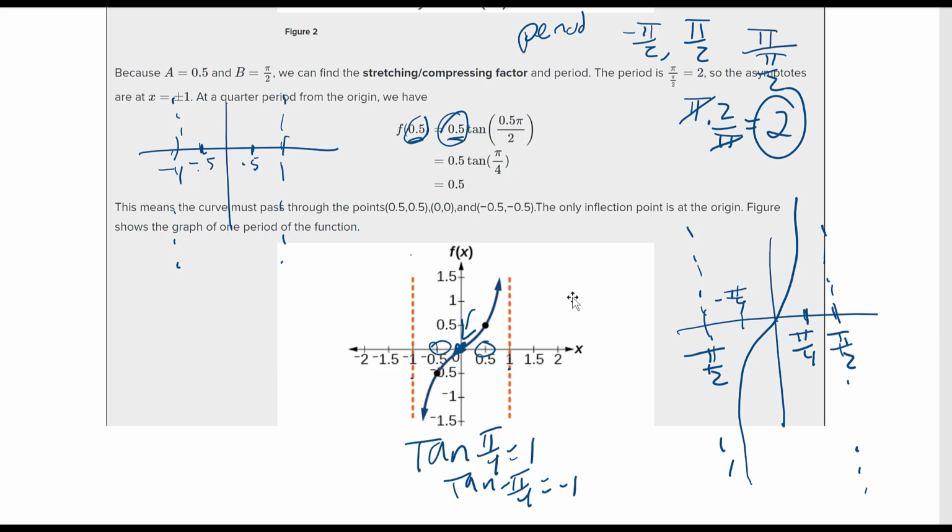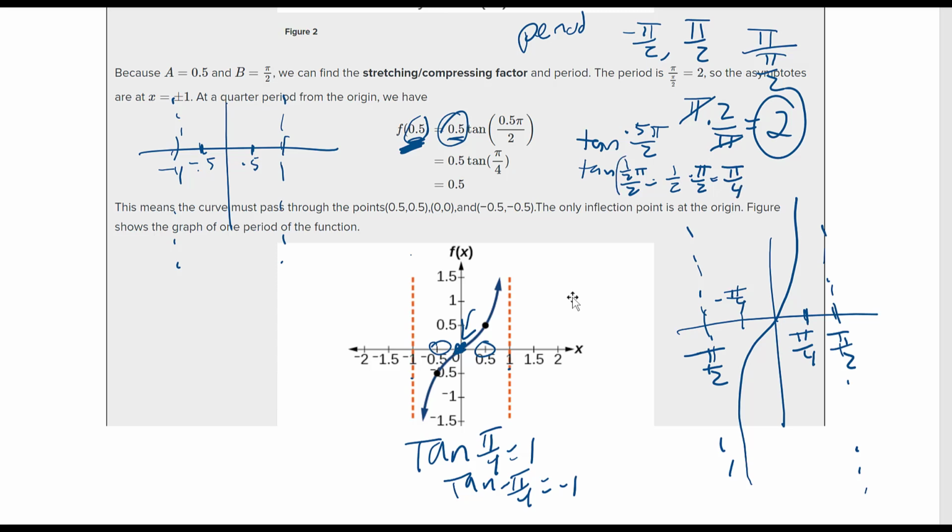So this 0.5 here was chosen because it's that midway point. So if we look at tangent of 0.5 times pi over 2, that's like saying tangent of 1/2 times pi over 2, which is pi over 4.